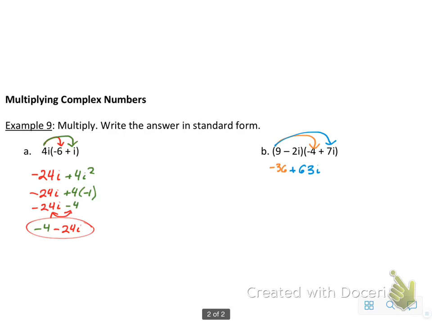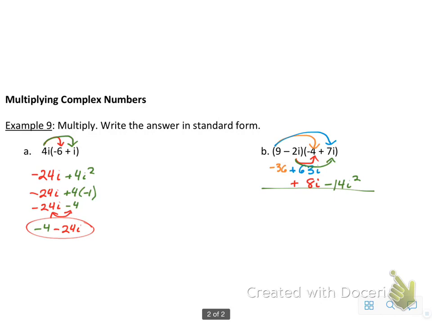Now we're going to distribute the negative 2i, so we have negative 2i times negative 4, which is positive 8i. Remember I write it underneath each other so that my like terms are already aligned. And negative 2i times 7i is negative 14i squared.